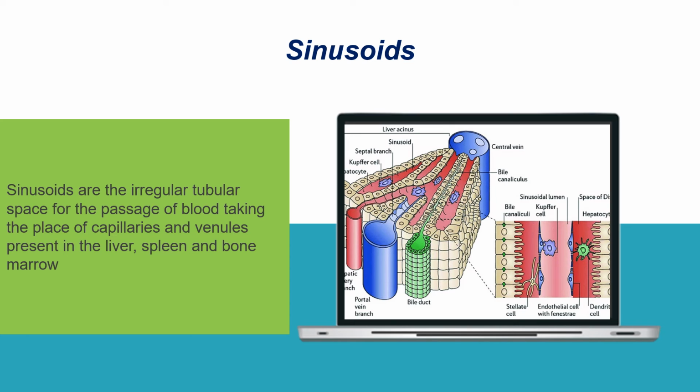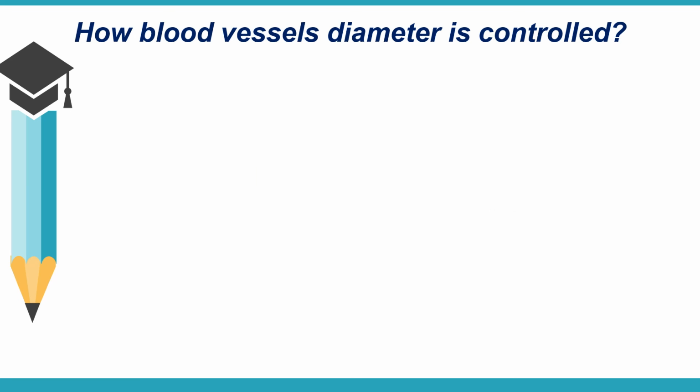In the right hand side picture you can see this. The phagocytic cells are called Kupffer cells, which digest old RBCs and clear the bloodstream of toxins. The lumen of the sinusoids is larger than the capillaries. Thus, blood pressure in sinusoids is lower than in the capillaries.